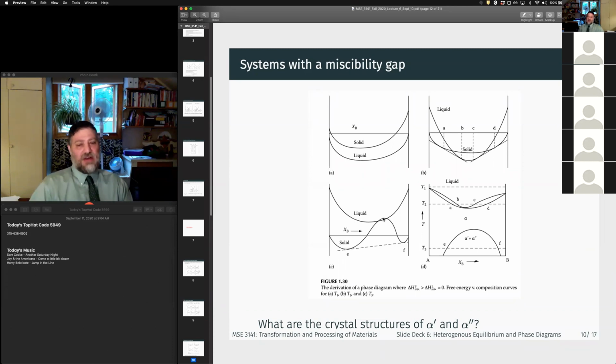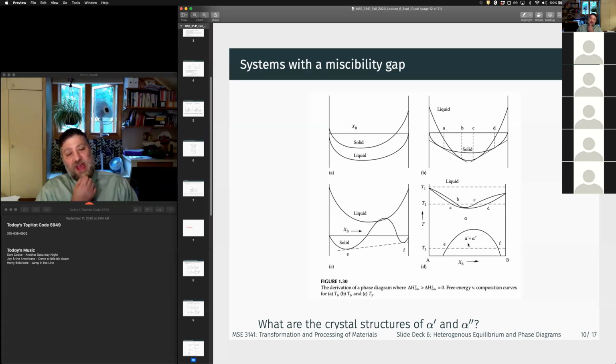in this case, our delta H of mixing is high, right? So we have a hump in our Gibbs free energy, but again, it's still given by this common tangent construction.